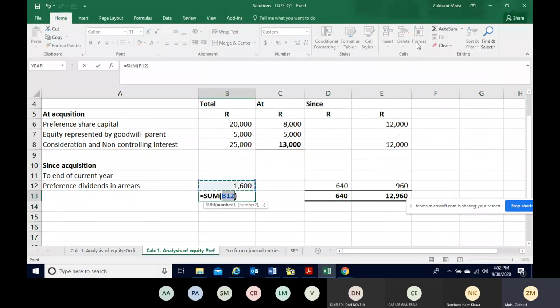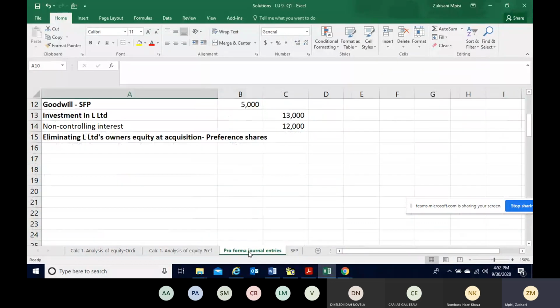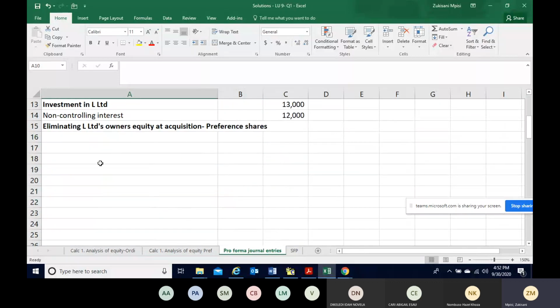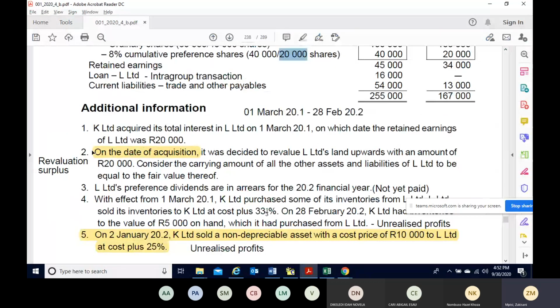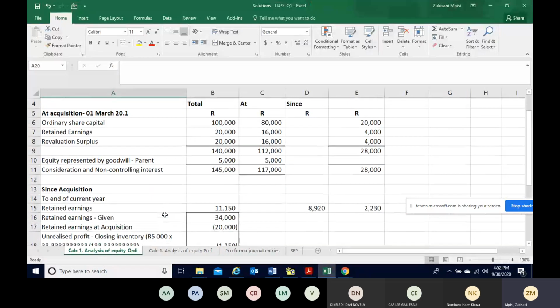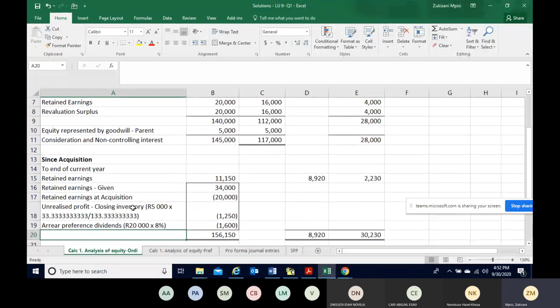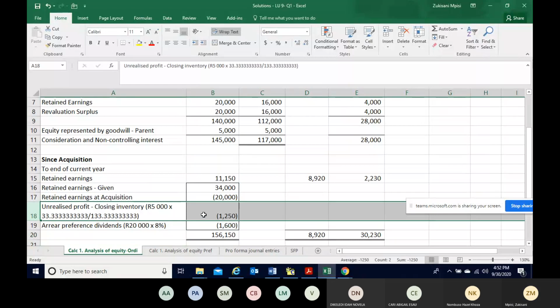So this means now, in essence, we can quickly go to all journal entries after acquisition, because remember, so far we have done up until acquisition. So the first journal entries that I want us to focus on: we have to look at what else we have been told. Let us quickly look at the ordinary analysis. Here we had to adjust for this 1,250 of closing inventory.